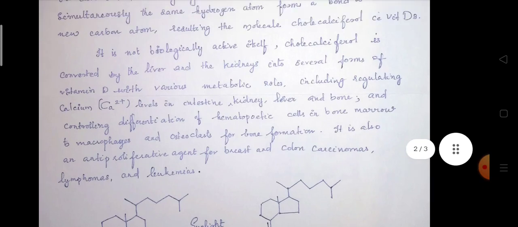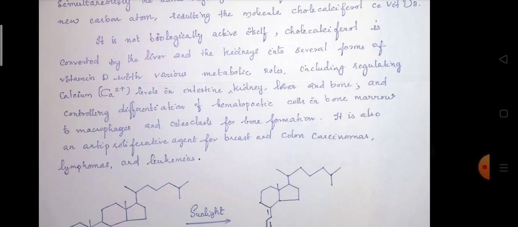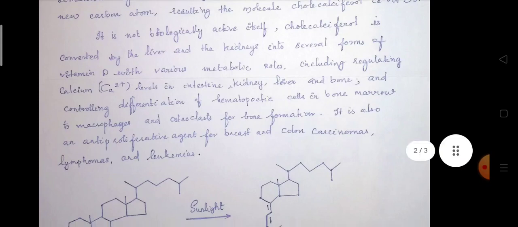This cholecalciferol is then converted to metabolically active compounds in the liver and in the kidney that we have discussed in the earlier section.